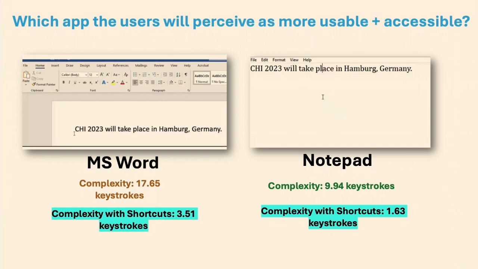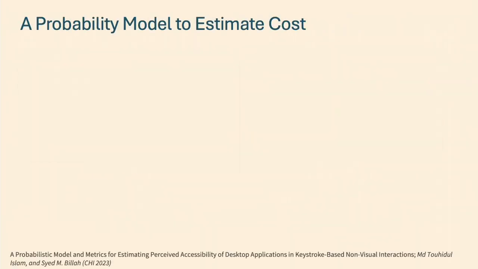And with Notepad, it is 1.6, so right under 2 keystrokes, we can perform almost all tasks on Notepad. As a matter of fact, in my studies, almost all blind users say, "I use Notepad all the time. I don't need Microsoft Word unless I have to." And the reason is right here.